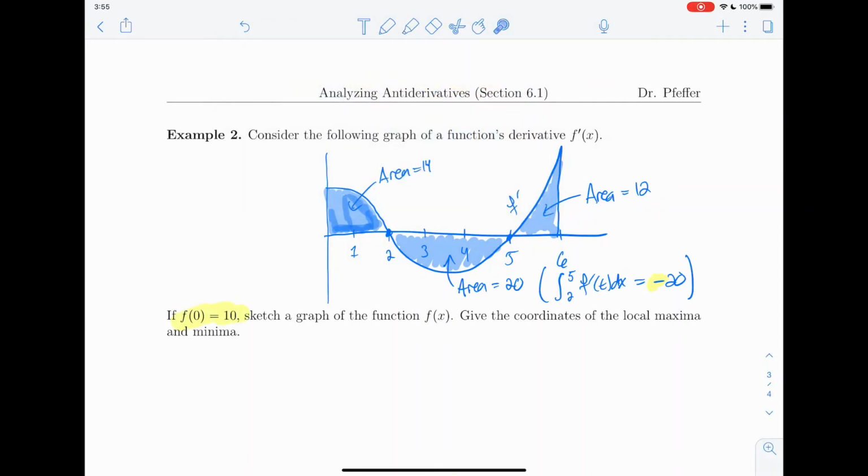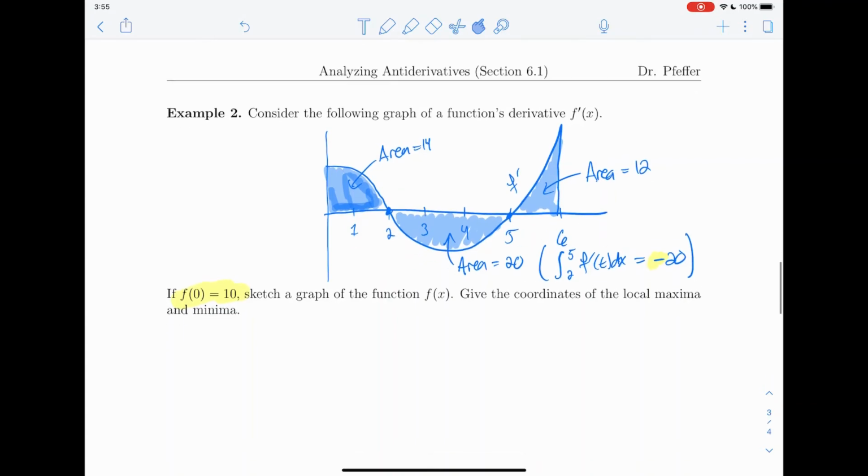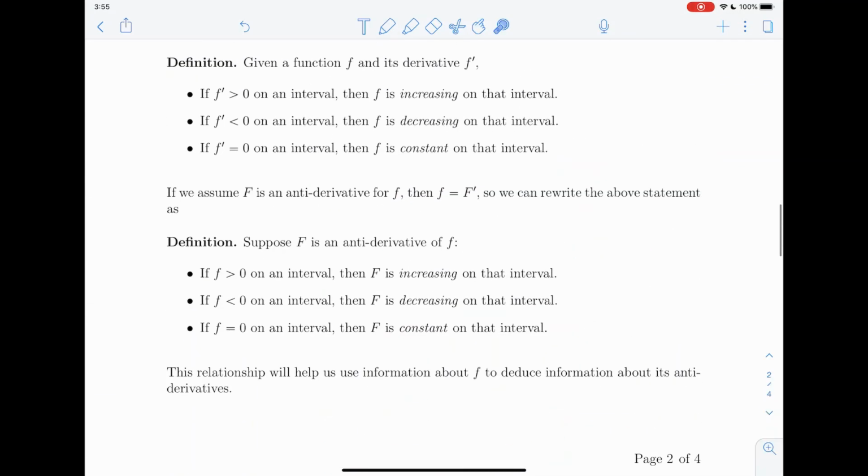Our objective is to sketch a graph of f. If this is a graph of its derivative, can we give a graph of f? While we're at it, maybe we can come up with coordinates for the local max and local mins. So first of all, we're going to want to use these rules. If a function is positive or negative on an interval, that tells us that its antiderivative is increasing or decreasing.